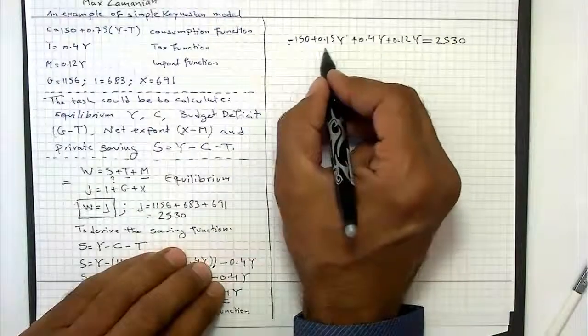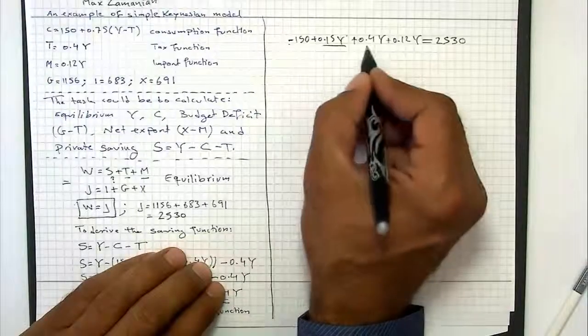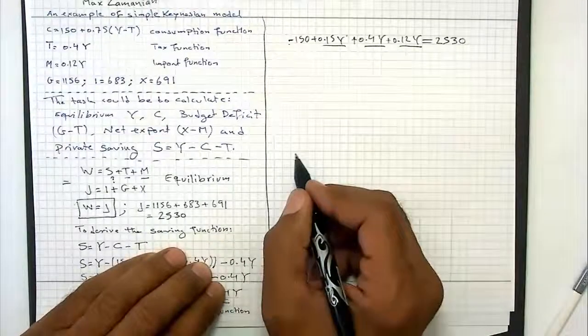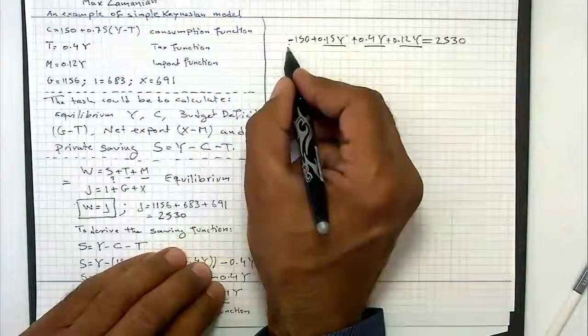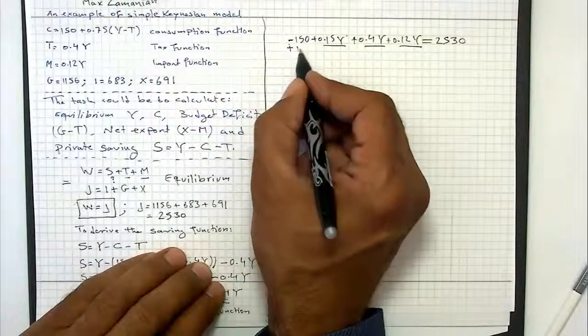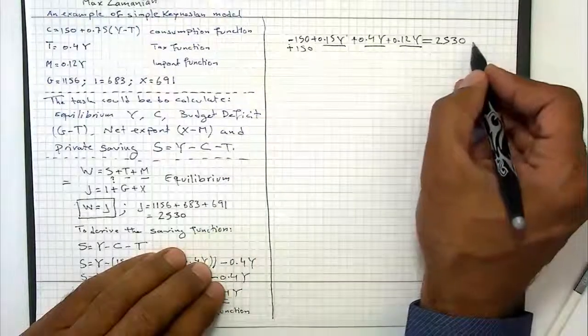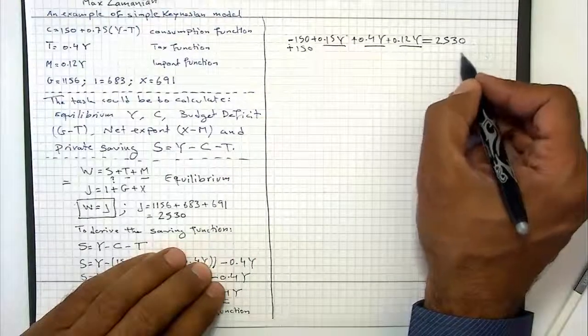I want to keep all these terms with Y on the left hand side and add them up together. And I need to move this 150 to the right hand side, so I add 150 to both sides.